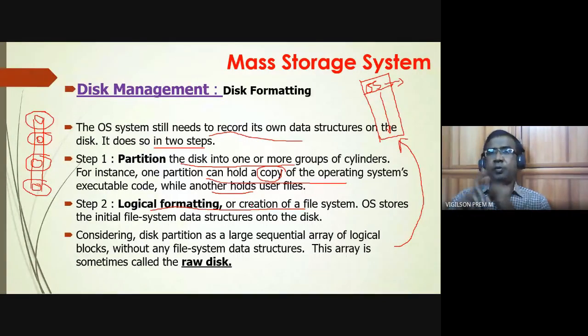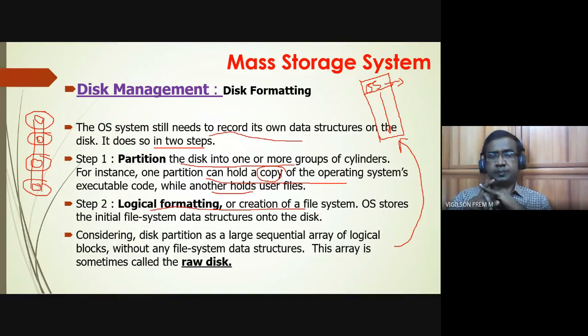In a file system, you know, what is the file name, what is the file access method, file attributes, so many things are associated with the file: file creation date, file modification date, file size, file type. All these things are required for a particular file. What type of file system you are going to use for the particular hard disk or for the corresponding operating system. I think you are able to understand.